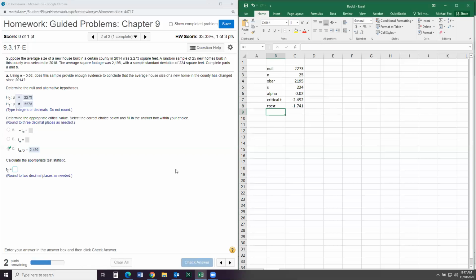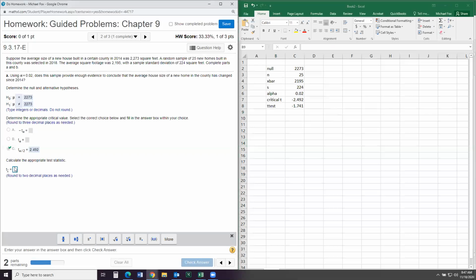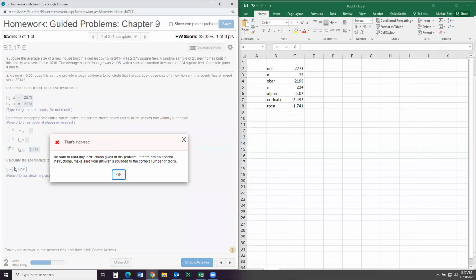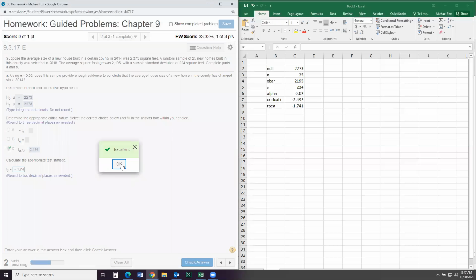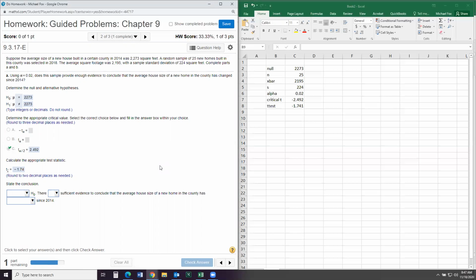So our test statistic is negative 1.741. I only wanted 2 decimal places. You got to read it carefully, don't you? There we go. Now we state our conclusion.